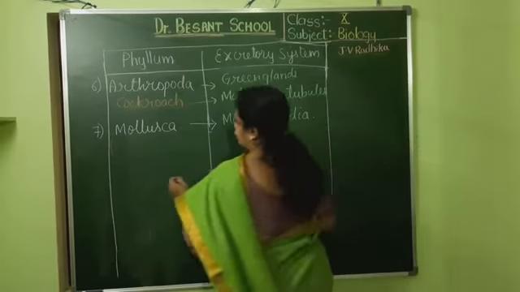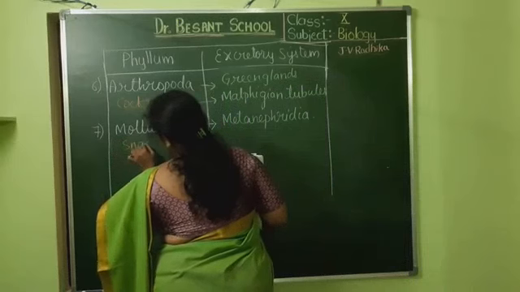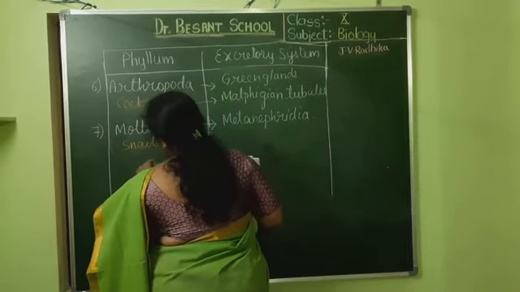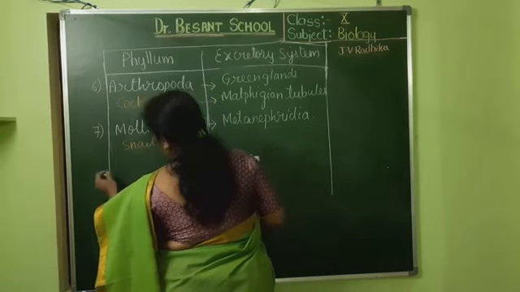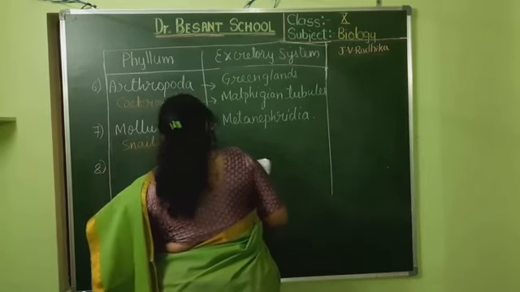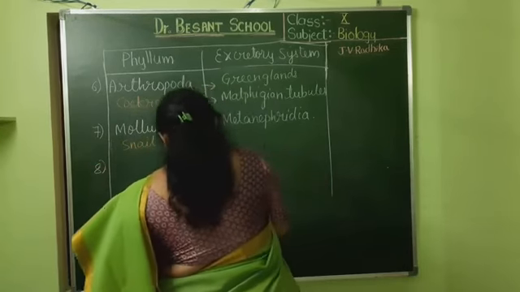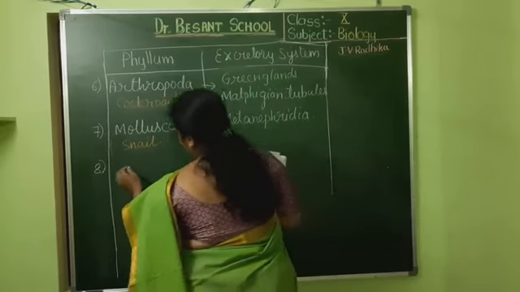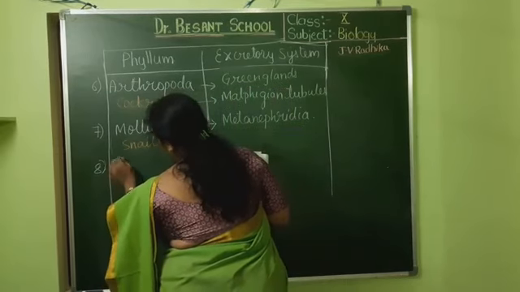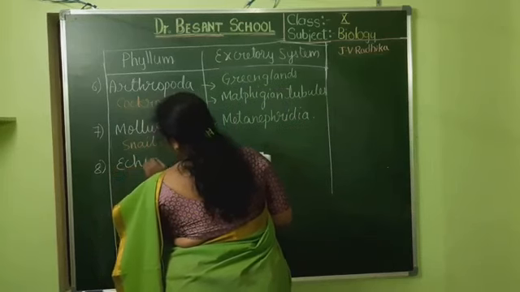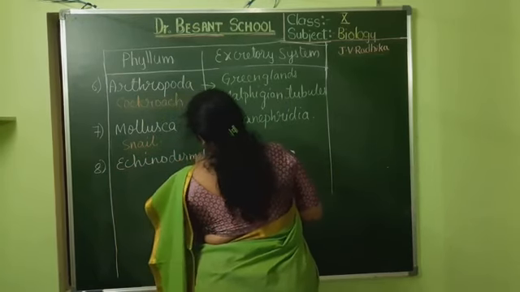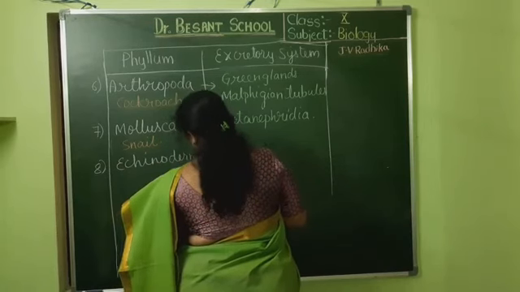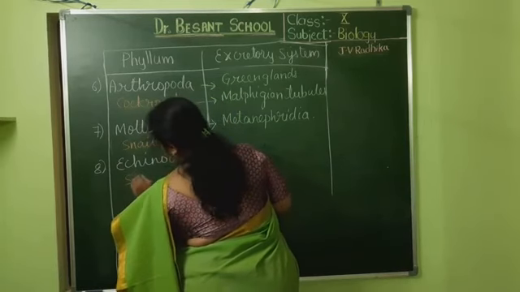Examples, easy to remember: snail, or octopus. All these are from that group. Then the last one is Echinodermata, with the water vascular system. Already in the previous chapter I explained the water vascular system, isn't it? So I don't explain again. Echinodermata, example is starfish.